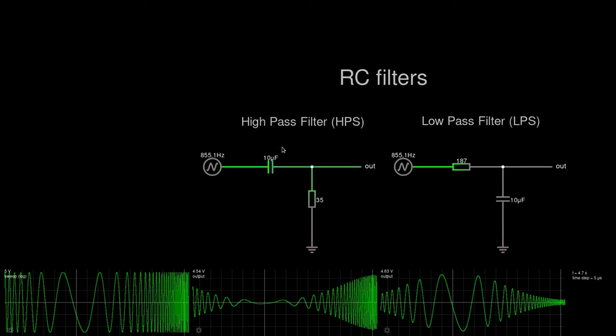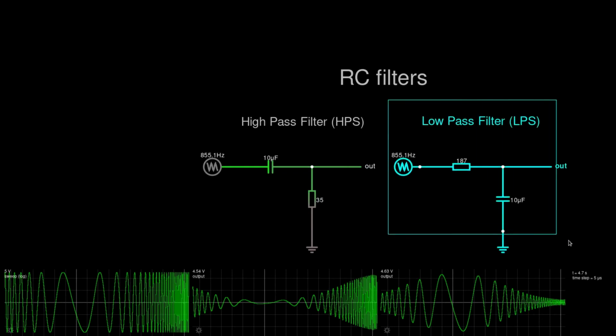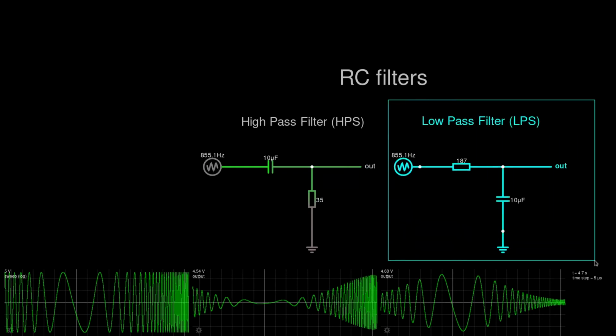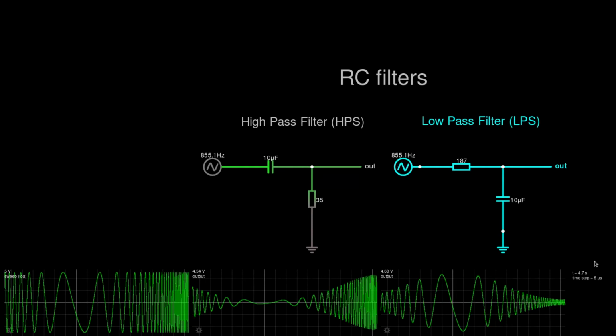And also over here we have lower voltage drop, which means higher voltage drop over here, and we can see that in here as well. But it's probably easier to look at RC filters. Look first at the low pass filter, which is a bit more logical.